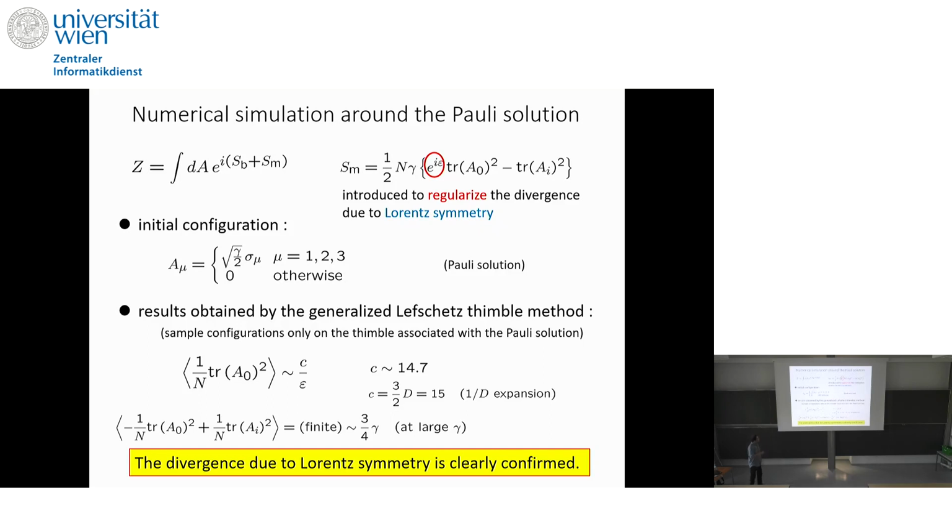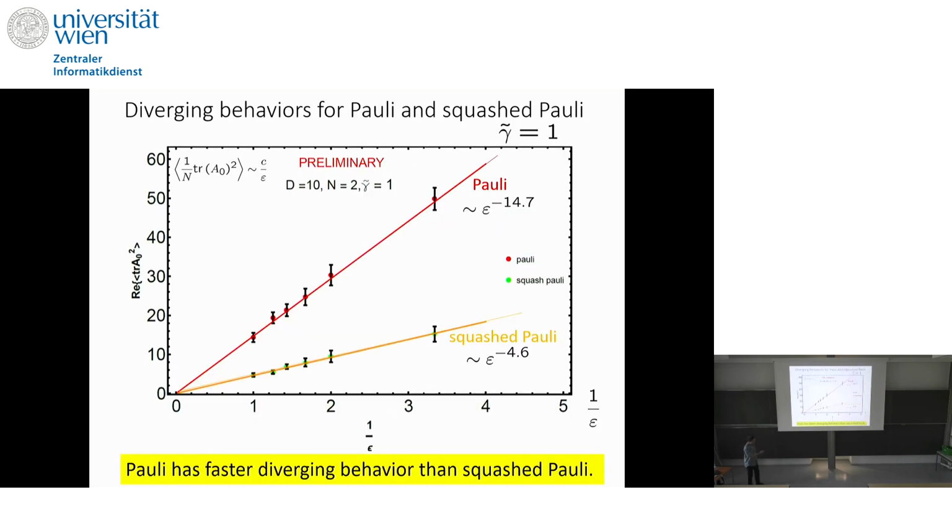And we have also calculated this Lorentz invariant quantity, which turns out to be finite, even in the epsilon going to 0 limit. So this is a very nice result. And by this, we have confirmed the divergence of this partition function due to Lorentz symmetry. And let me show now the result.